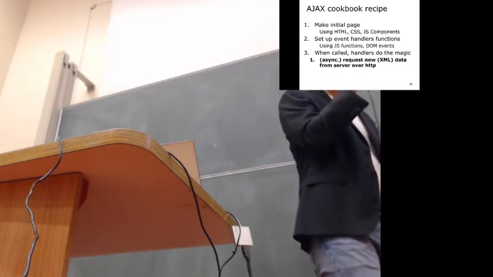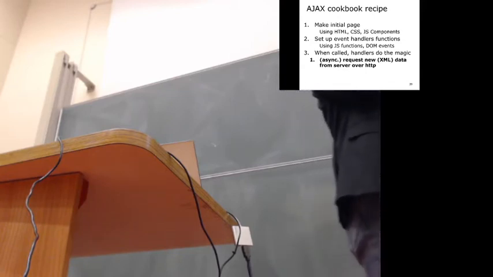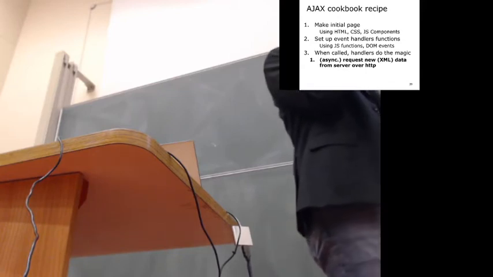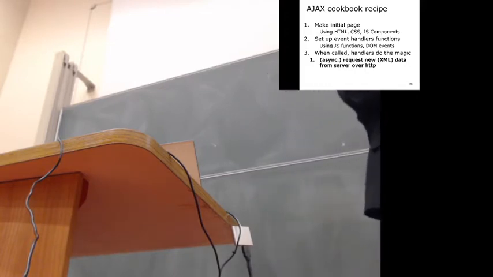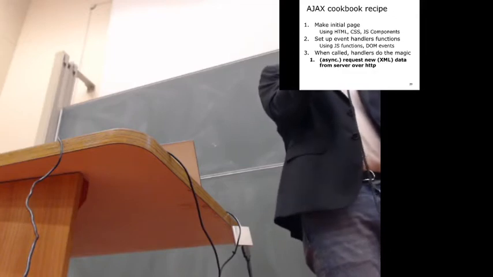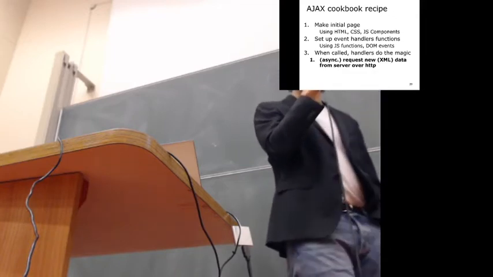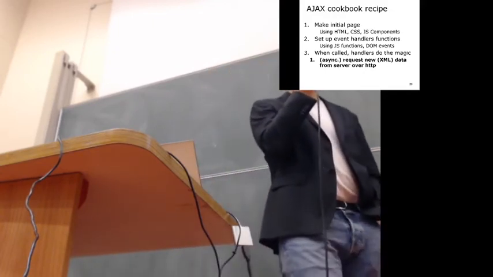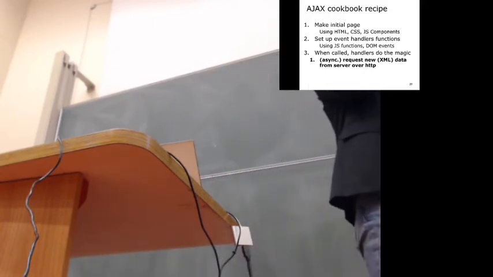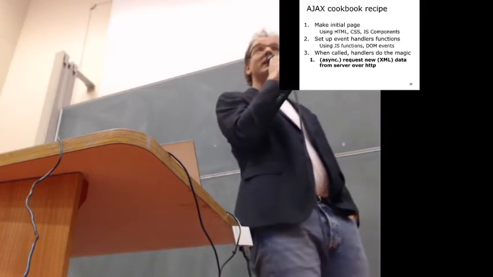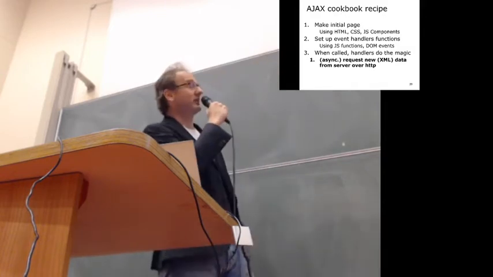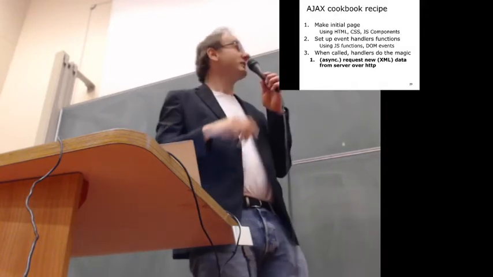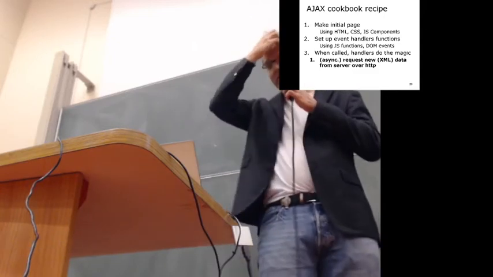And if the server answers, then some event is triggered that the answer is there, and then some of your code will be called to deal with the new information, and that second handler will do the work. So in every AJAX call in practice, there are multiple handlers. There's one handler that is called initially to make sure that the AJAX call happens at the right time, and then there's a second handler that deals with the reply. So the asynchronous part in the name AJAX is really important.